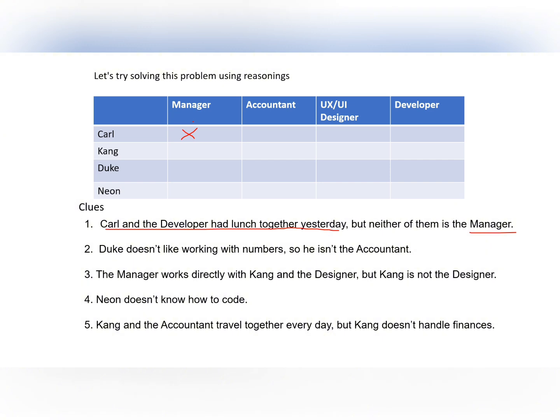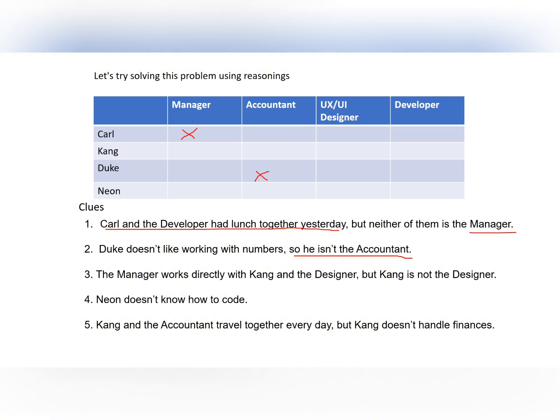Let's proceed to clue number 2. Duke doesn't like working with numbers, so he isn't the accountant. Cross that out. Duke is not the accountant.